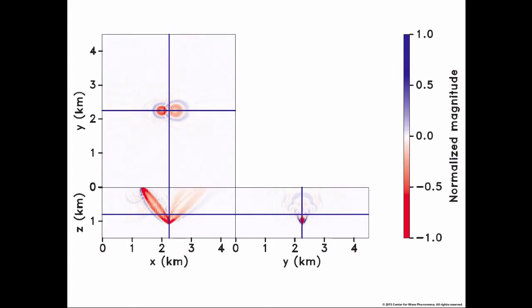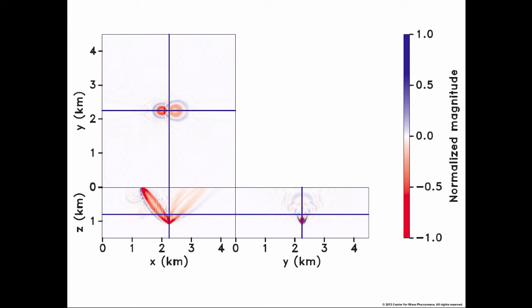And this is the gradient from one shot and for the gathers in the middle of the model. So in this case, the shot is located at 1.5 kilometers in X and 2.25 kilometers in Y. So we see that the gradient consists of two branches.